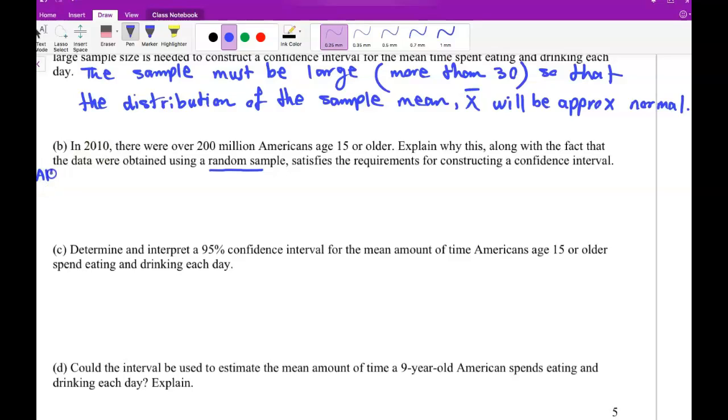We have all the requirements because number 1, we have a simple random sample.